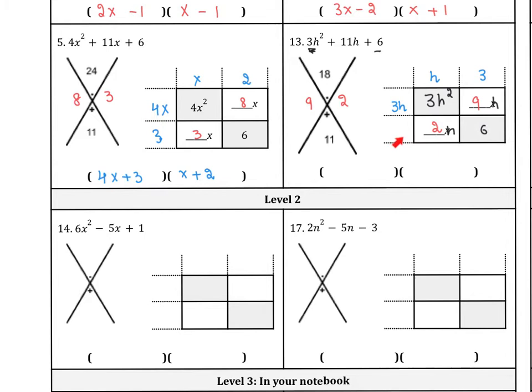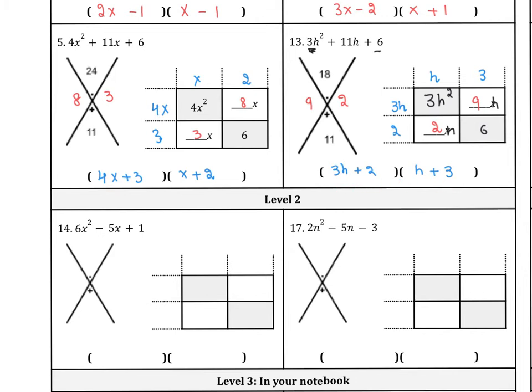H times something gives you 2h, and that something should be 2. So 2 times h is 2h, and 2 times 3 is 6. This makes one factor, 3h plus 2, and h plus 3 makes another factor. So these are the two factors.